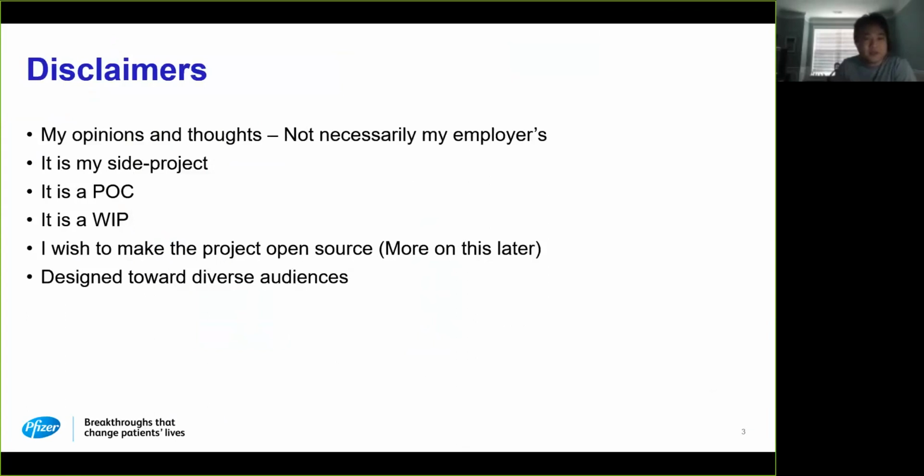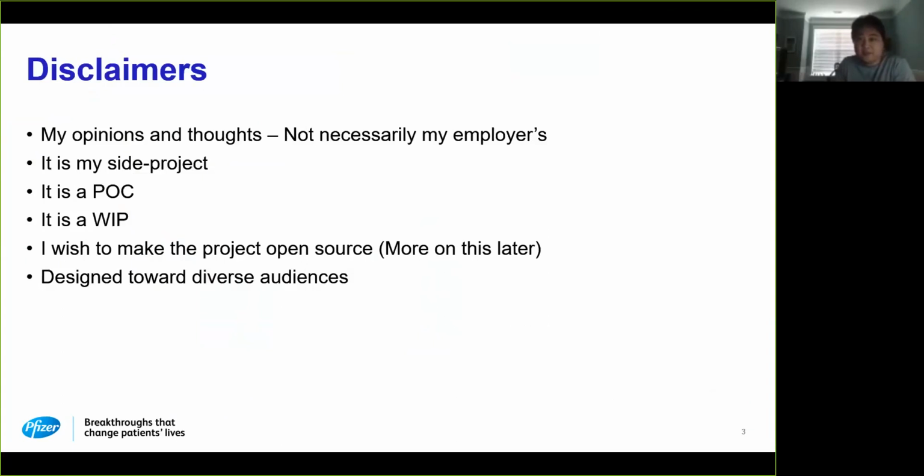So myself and my colleagues worked on this project as a pet project for the last few months, and that's where it began. That's where it sort of stopped at this point, and it is also a proof of concept. So much of the ideas and thoughts in the project are, I believe, still preliminary, but it has much to develop, and it is a work in progress.